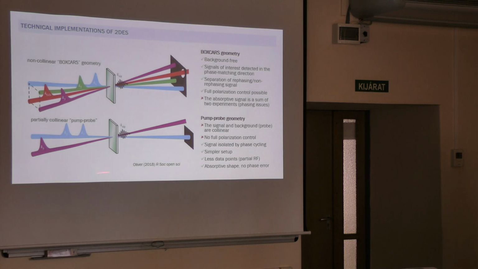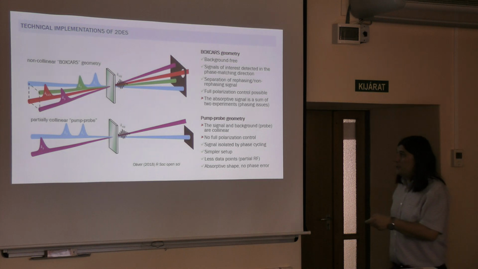Now the other way is to do pump probe geometry. That is a much simpler way to do two-dimensional spectroscopy. Basically, the difference is that the two first interactions are collinear, so it is simply like the normal pump probe transient absorption, except that you have a delay between the two pulses.